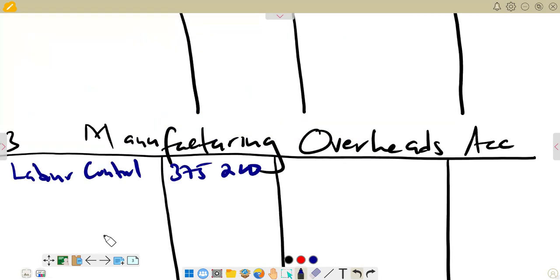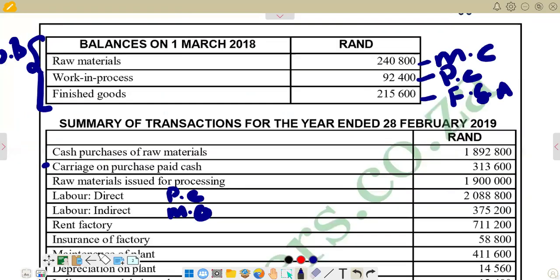So I think we've finished that double entry. We've entered in labor control and transferred them to the necessary account. So we go back and see what we have next. Next, we've got rent, which is factory. Remember, rent is an expense account, so it will be on the debit side of the rent account. So the first double entry is debit rent account, and then we are supposed to credit bank.